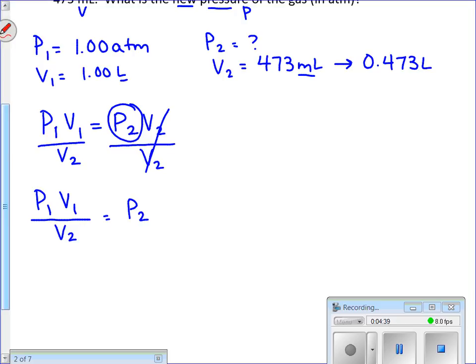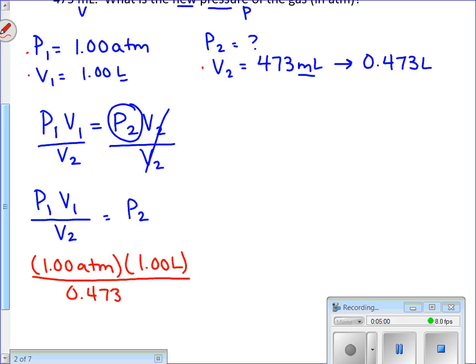So P1, and if you look back up here where you've written your variables, that will help you substitute. So P1 is going to be 1 atm. V1 is 1 liter. V2 is 0.473 liters.